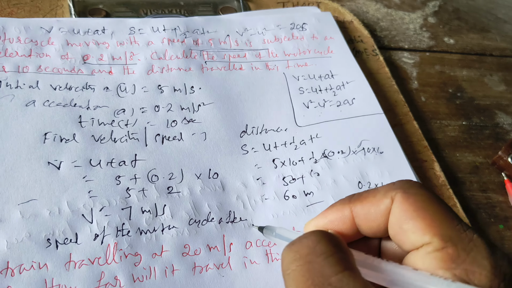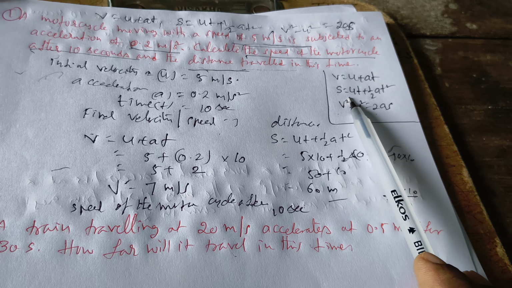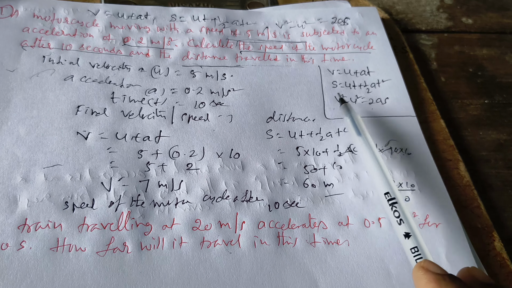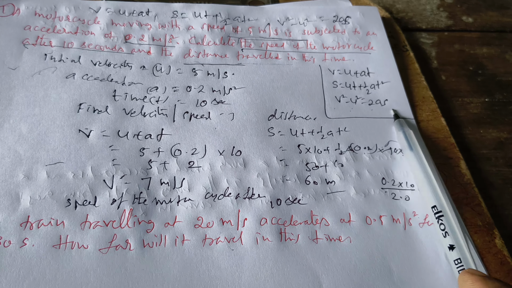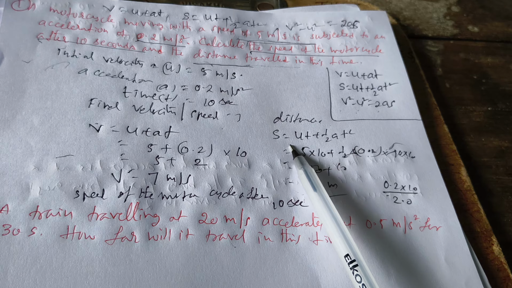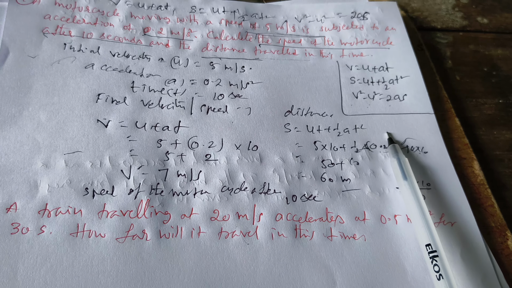Let us see again which formula has distance, time, acceleration and velocity. s equal to ut plus half at square has distance, time and acceleration. v square minus u square is equal to 2as has no time given. The first formula, v equal to u plus at, has no displacement, so we have to use the second one: s is equal to ut plus half at square.